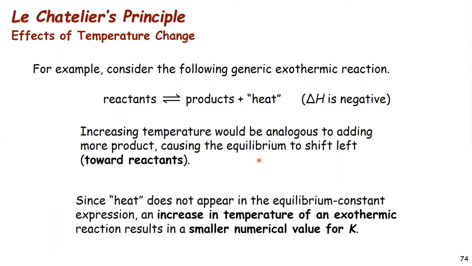So again, we increase the temperature, we're increasing the heat, we're going to go back towards reactants, which means we're going to have a smaller K value because it's products over reactants. But heat doesn't actually appear in the equilibrium constant expression, just the actual products. And since it's products over reactants, and we have less products, that means we're going to have a smaller K value.